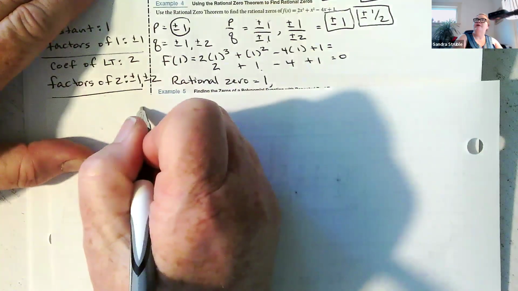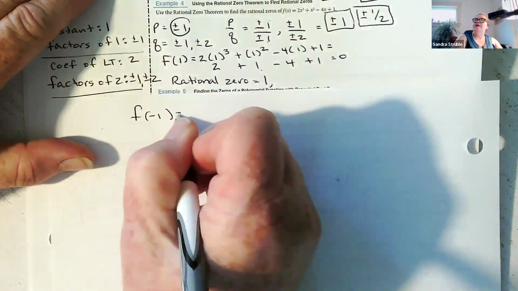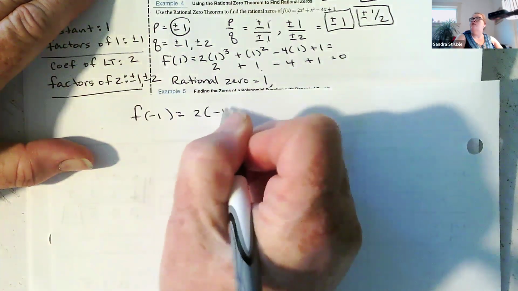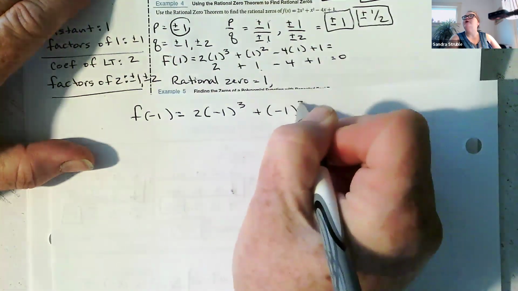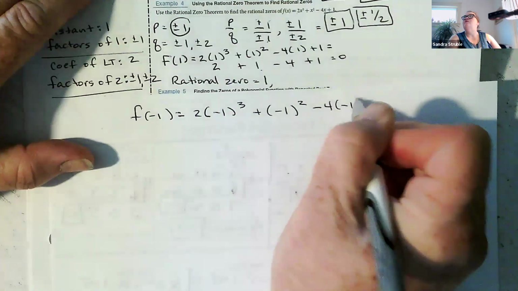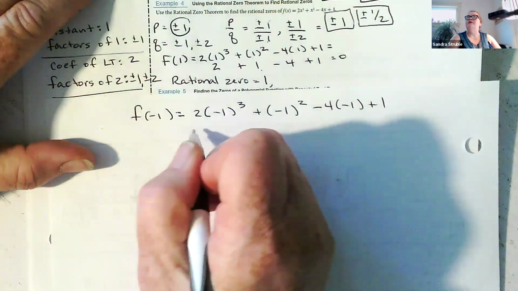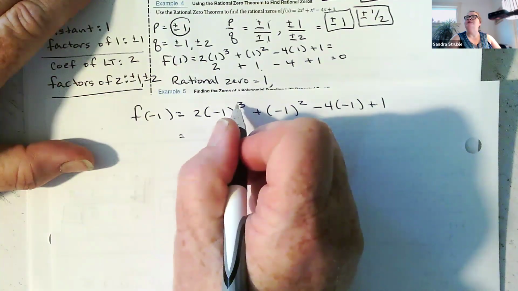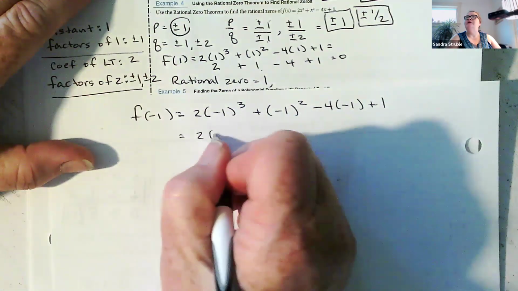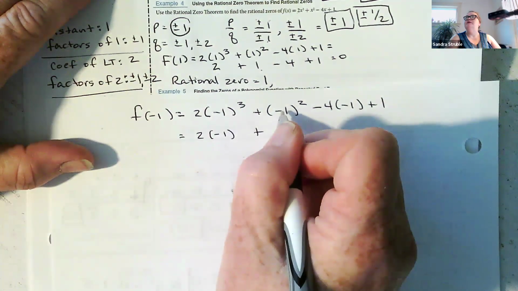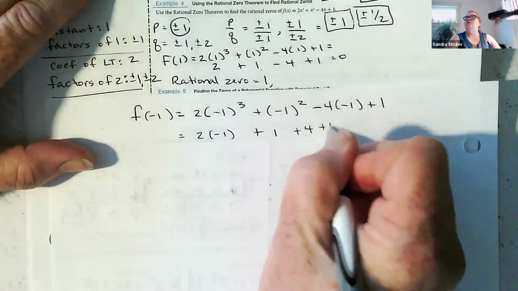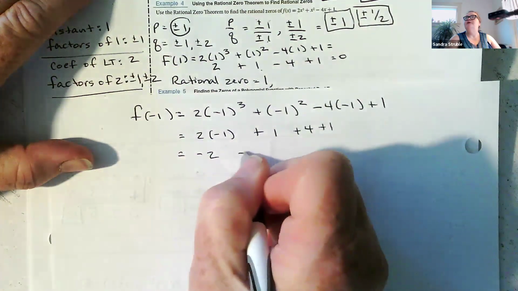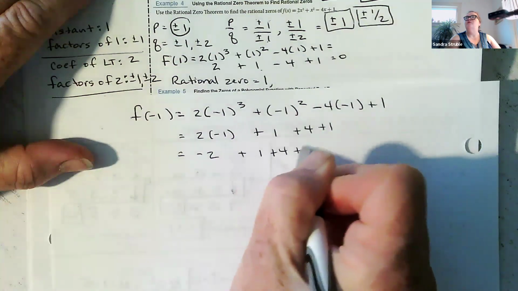Now let's do -1. So f of -1 is 2 times -1 cubed plus -1 squared minus 4 times -1 plus 1. -1 cubed is -1. So 2 times -1, plus -1 squared is 1, plus 4, plus 1.